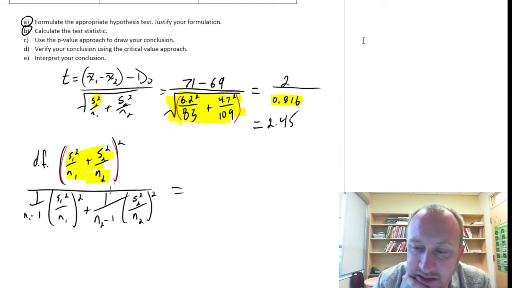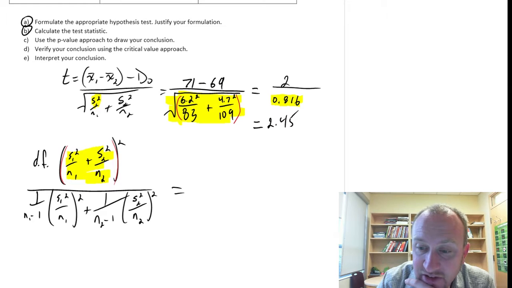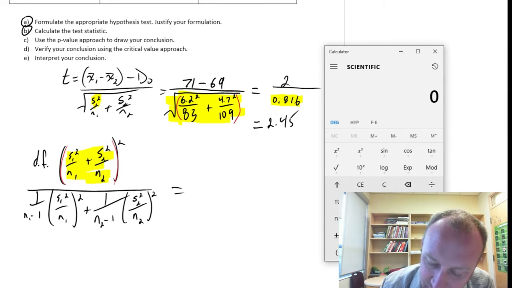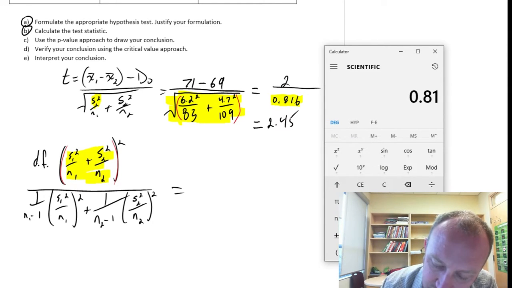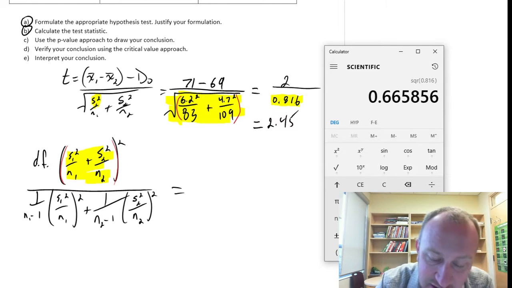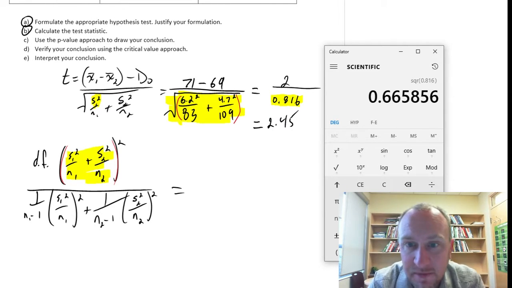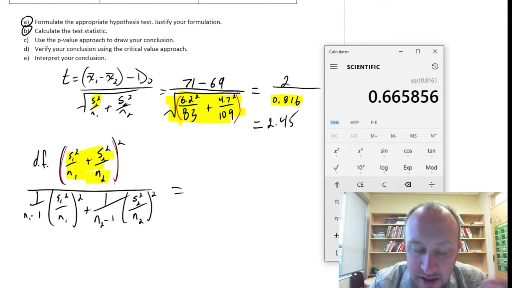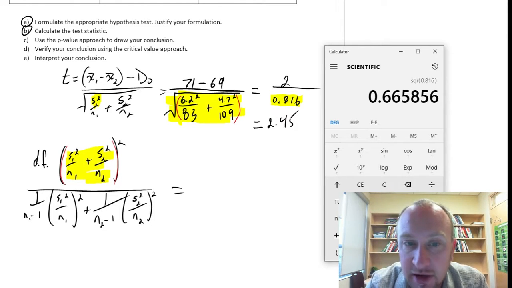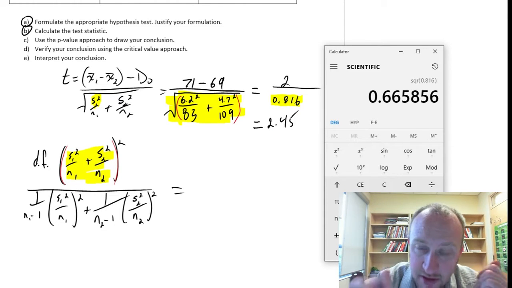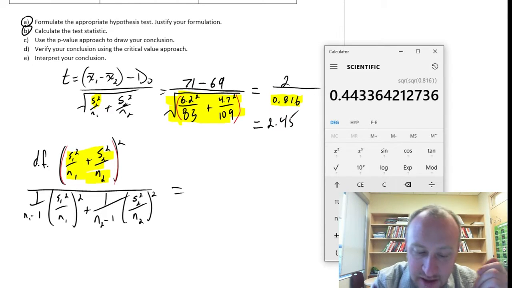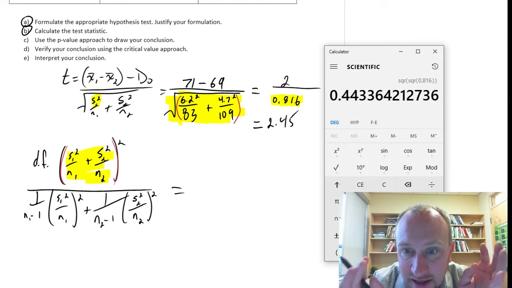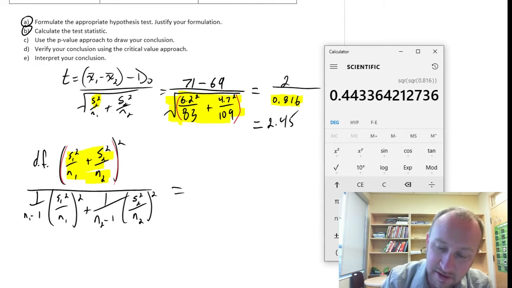So for that numerator I just need to square that piece twice. If I square 0.816, that's equal to the piece under the square root sign, which is the same as the numerator inside the brackets of our degrees of freedom. If I square it again, I have exactly that numerator value in the degrees of freedom formula.